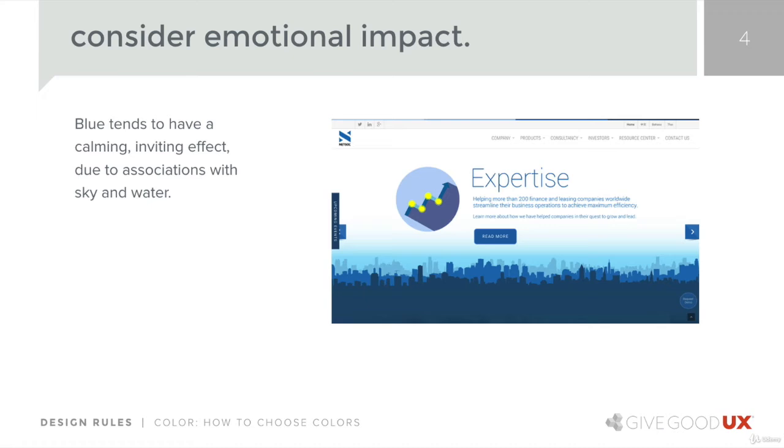What you're hearing sounds like this: helping more than 200 finance and leasing companies worldwide streamline their business operations to achieve maximum efficiency. Learn more about how we have helped companies in their quest to grow and lead, right? Calm voice. The blue and the typography, of course, has everything to do with that. All right, we're communicating trust. Banks use this.